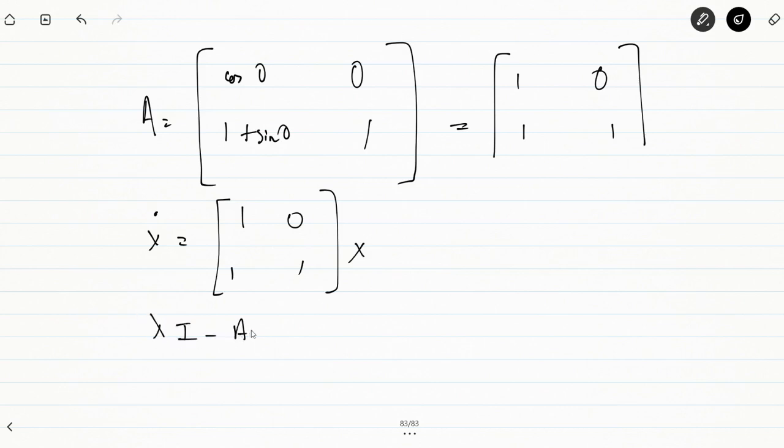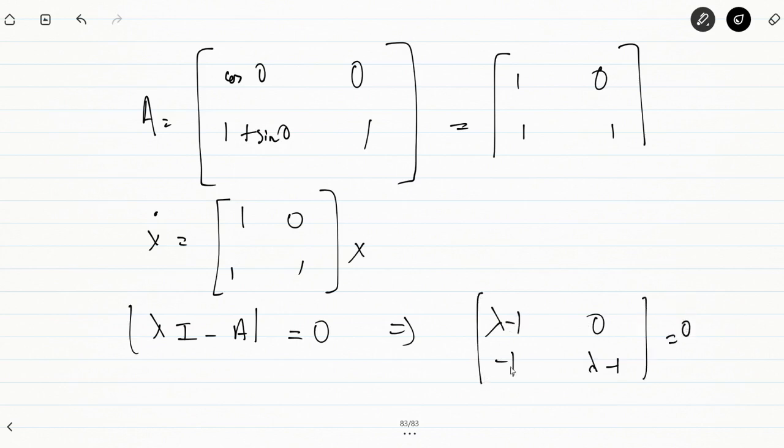Determinant of lambda I minus A equal to 0 gives us lambda minus 1, lambda minus 1. The determinant is equal to 0, which gives us lambda minus 1 into lambda minus 1 square is equal to 0, which tells us the location of poles is 1 and 1.